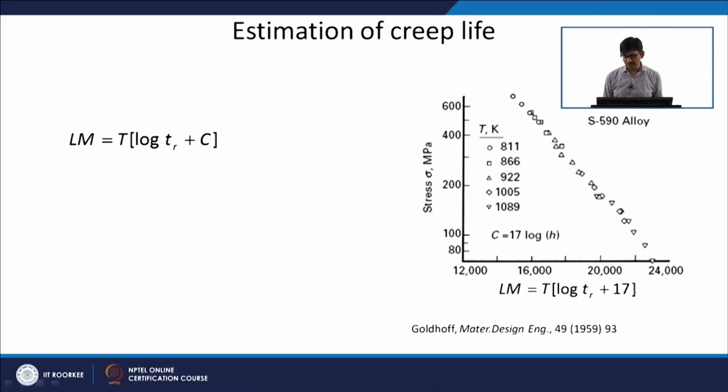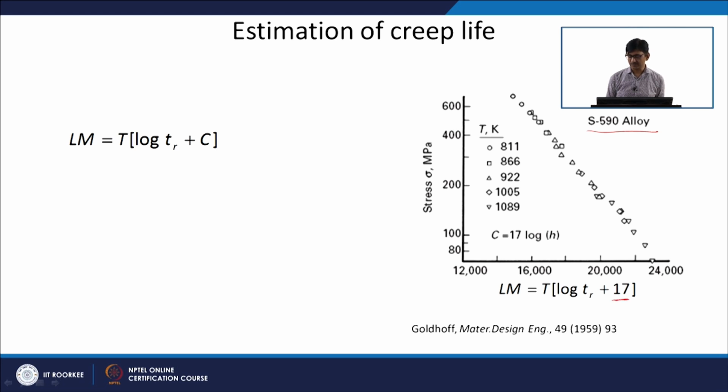So, I can express all this data for each of these different stresses acting on the system by a Larsen-Miller parameter. This is what is plotted here for a certain alloy: T into log TR plus 17. This has some range; for different materials, you will have a different constant here.